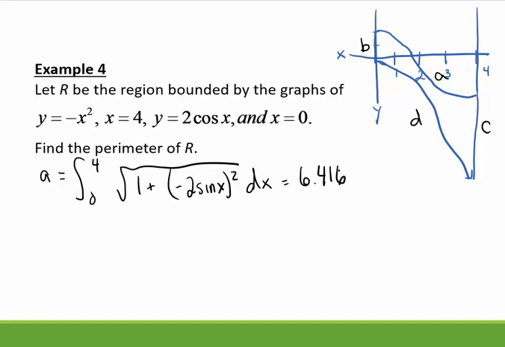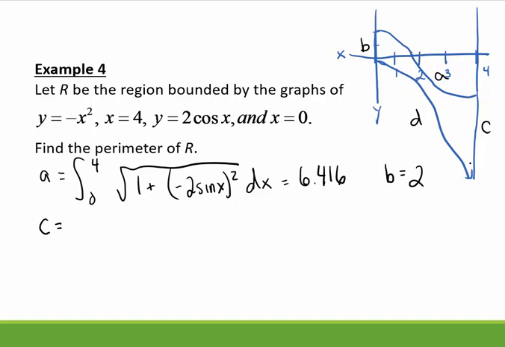Now B is easy. I'm going to do B over here just to save myself some room. B, that's 2 units. Actually no, let's do C next. C is what this value is. Well, big minus little.